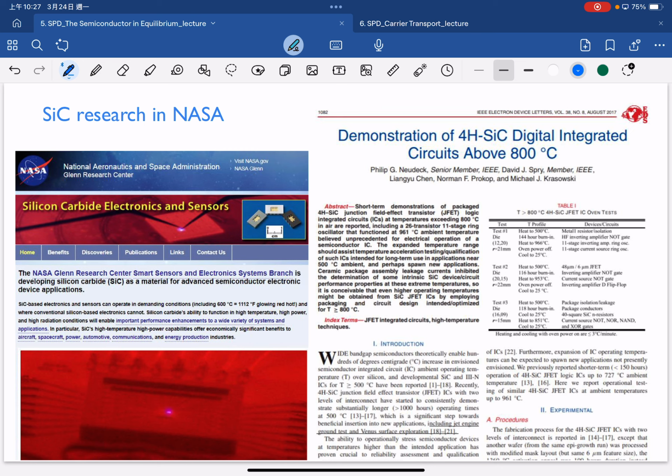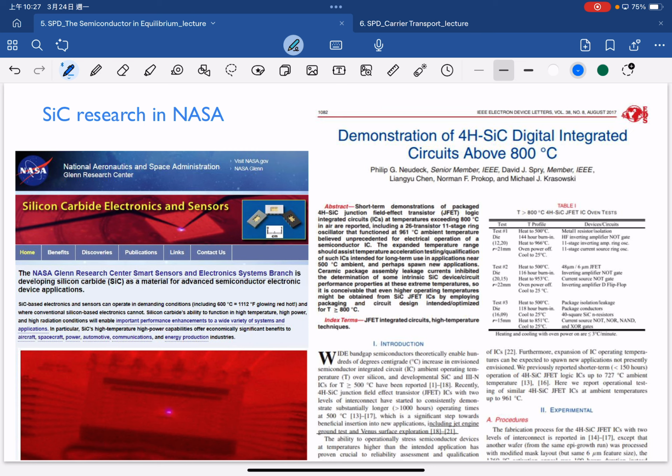I think everyone here knows about NASA. We already know that NASA is a real pioneer in space exploration. In their official website, they say that they consider silicon carbide as a high temperature electronics and sensor that can be used for space application.